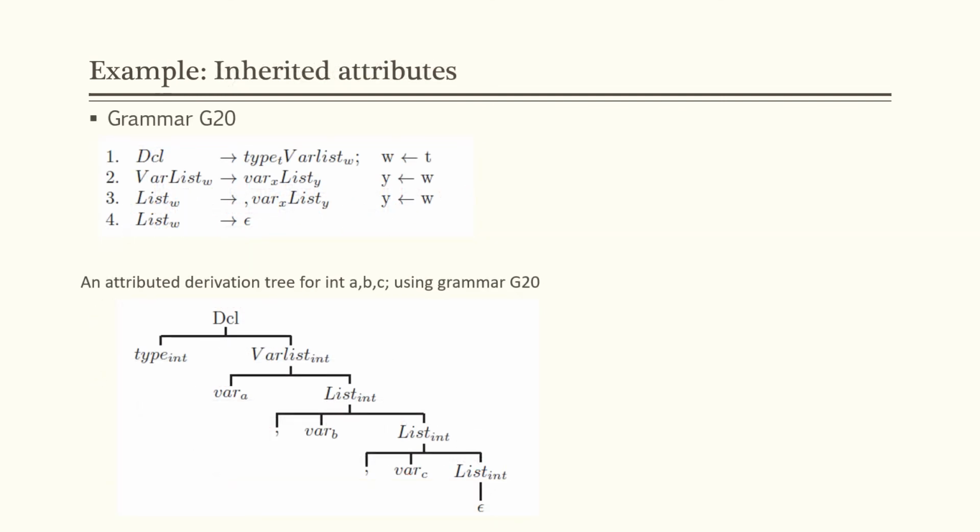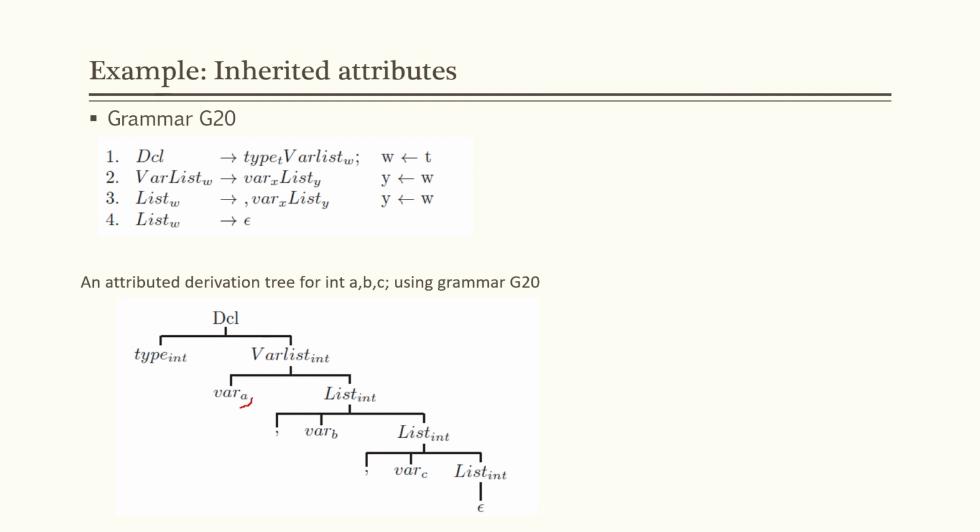Then another one is the inherited attribute. The inherited attribute is the other way around. Let's say you see this example in grammar G20, on declarations of variables. If it is inherited, it gets the value from the upper node, a higher node. For example, in this case we want to declare variable a.